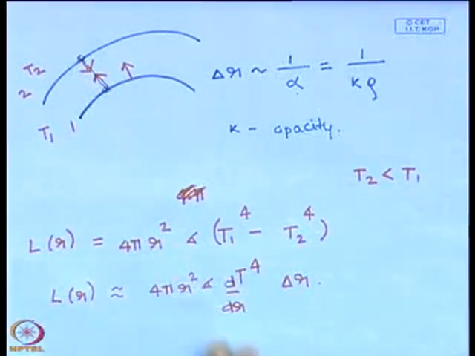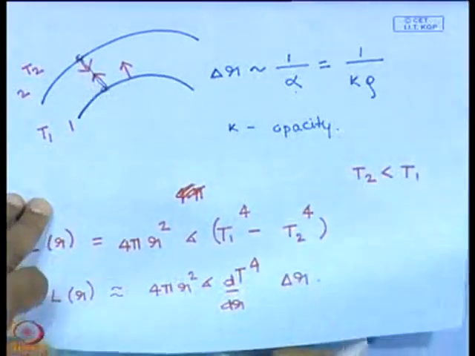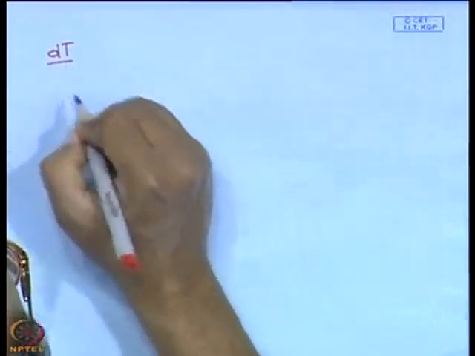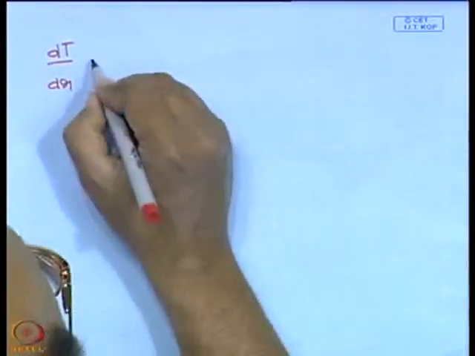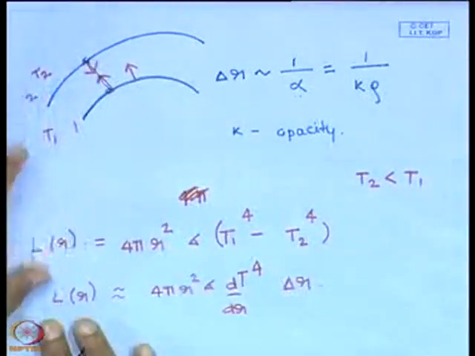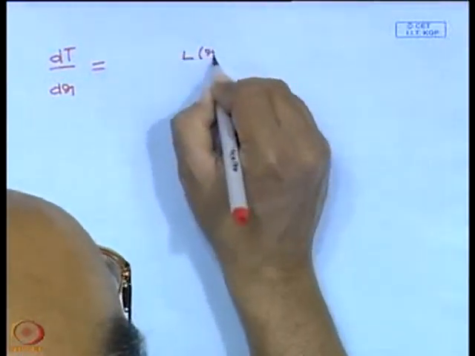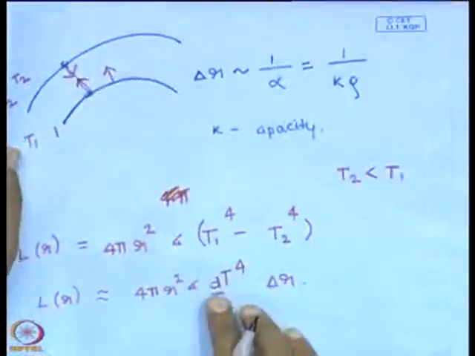Okay. And we can invert this relation. So, let me invert this relation to get the temperature gradient inside the star. So, what we are doing is we are differentiating this and then taking all the factors onto that side. So this will be equal to the luminosity at that point divided by, I will get a factor of 4 when I differentiate this.